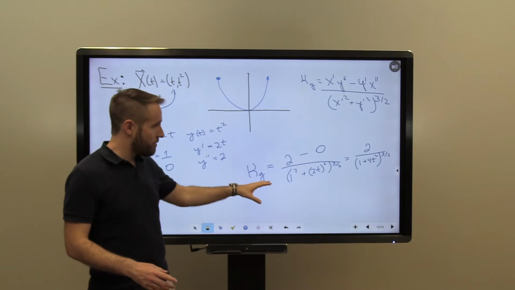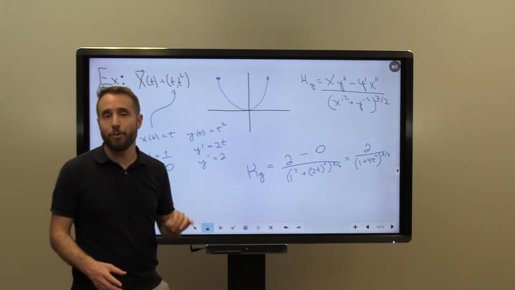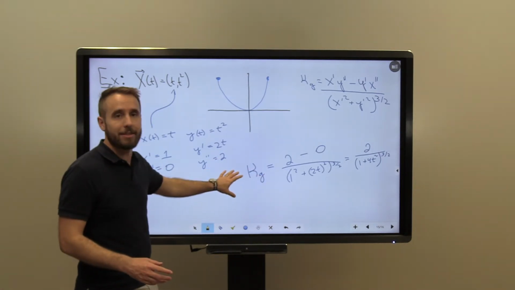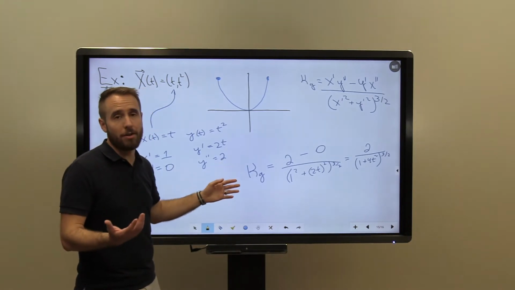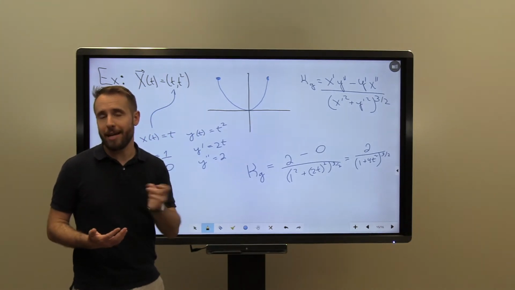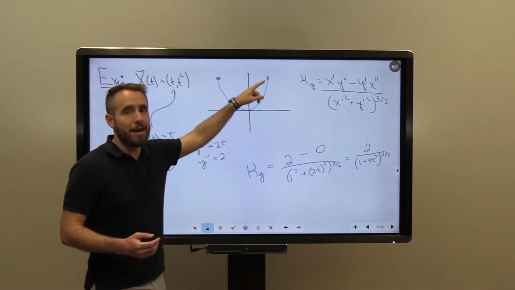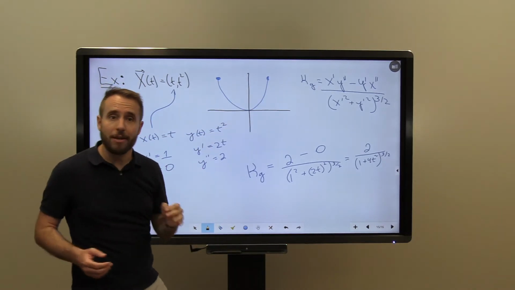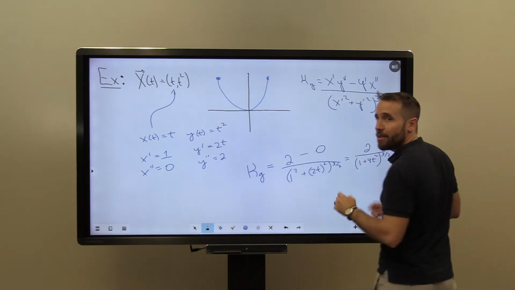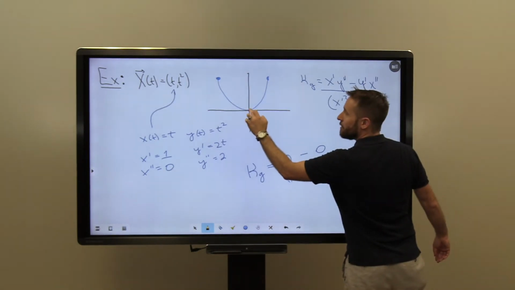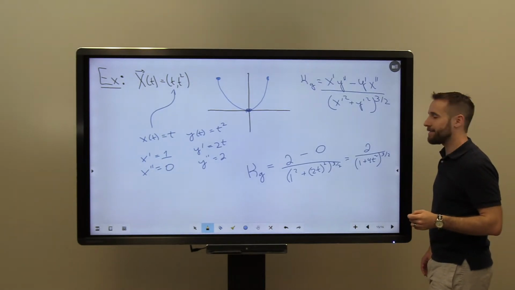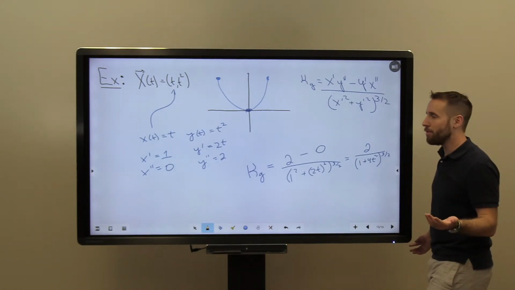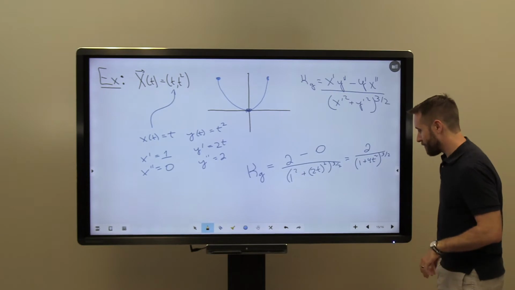So this denominator is smallest, and therefore the curvature is largest, specifically at t equals 0. And so the perhaps not surprising observation is that on this parabola, the curviest point of the parabola, the point where it's curving the most, occurs right here at time 0 at the vertex. So kind of a cool example.